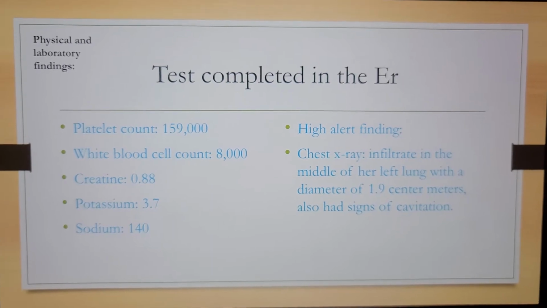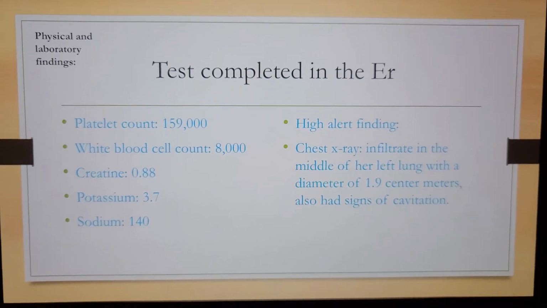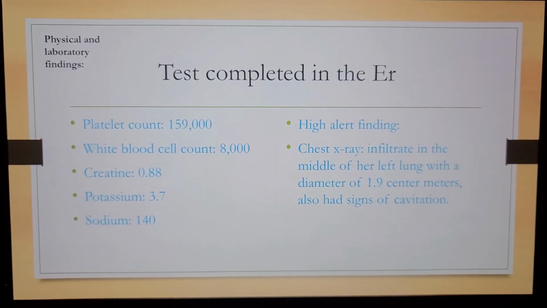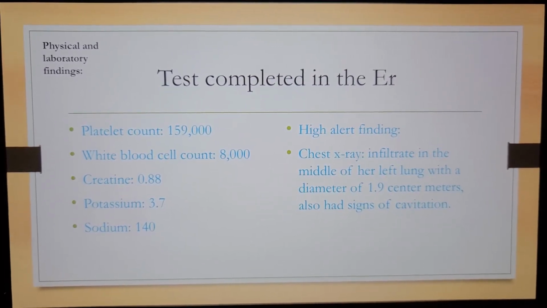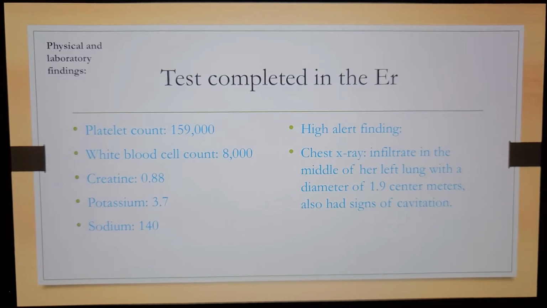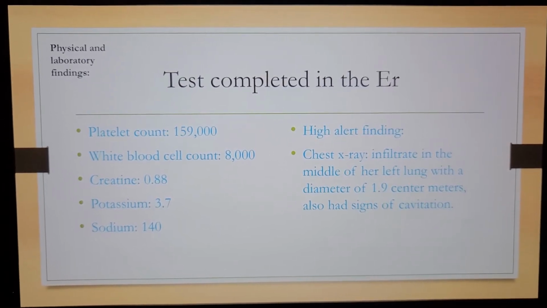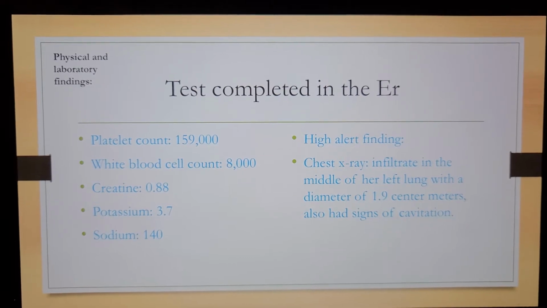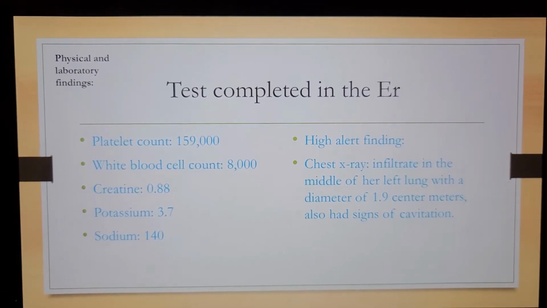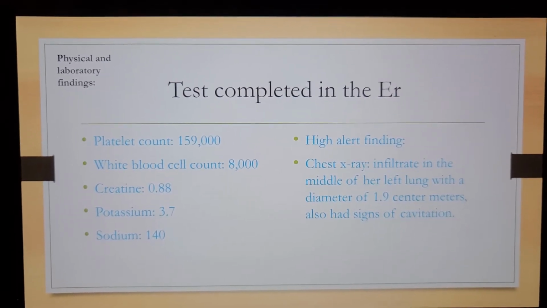Continuing with my physical and laboratory finding, I talk about the tests completed in the ER for Olivia. Her platelet count was 159,000. Her white blood cell count was 8,000. Creatinine was 0.88. Potassium was 3.7. Sodium was 140.